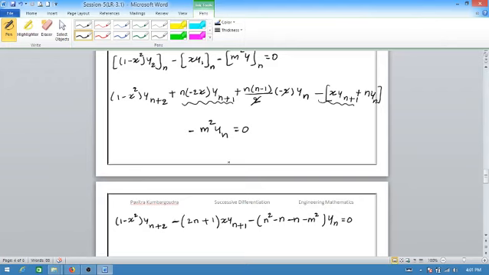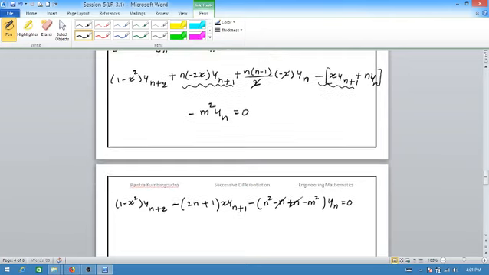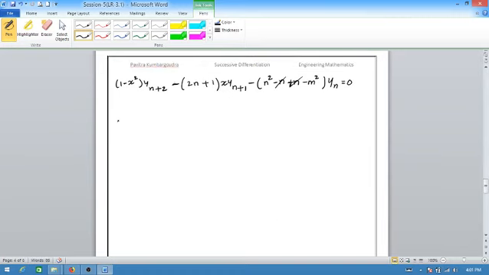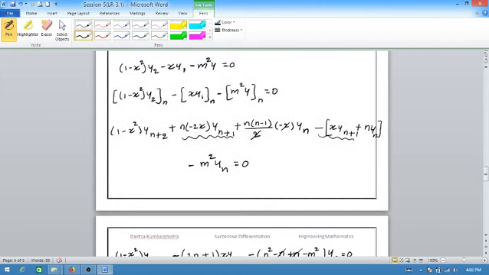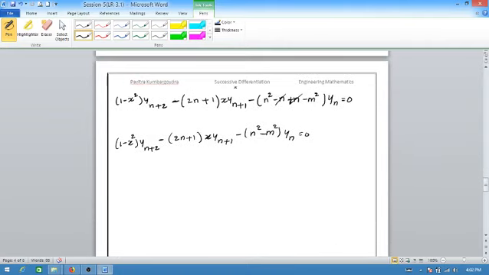So this will be plus n, minus n get cancelled. So now write the equation. So that is 1 minus x square into yn plus 2 minus 2n plus 1 x into yn plus 1 minus n square minus m square into yn is equal to 0. So minus n I have taken it as a common, means it will be a plus here. Okay. So this is the second result.